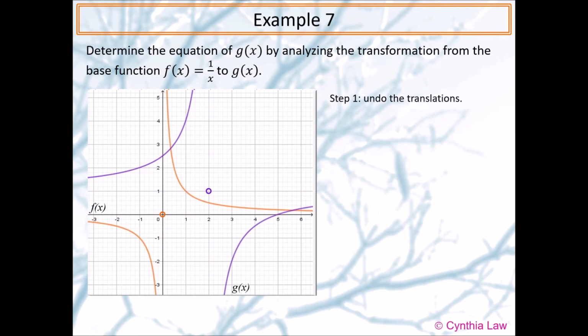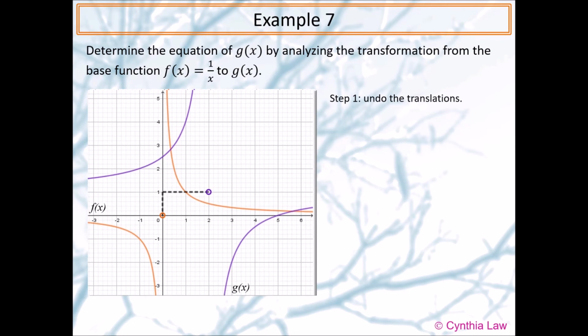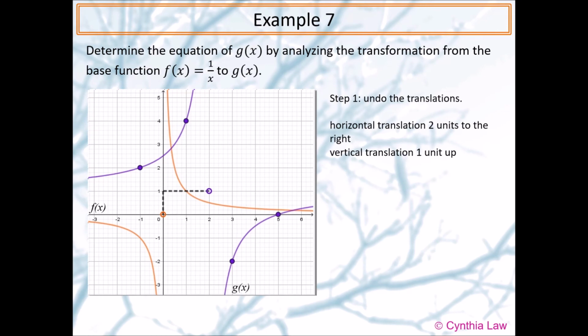Okay, so let's get rid of the asymptotes now that we don't need them anymore for now. So we can see that it's 1 unit up and 2 units to the right. So next, I try to pick up a few nice points from g of x.